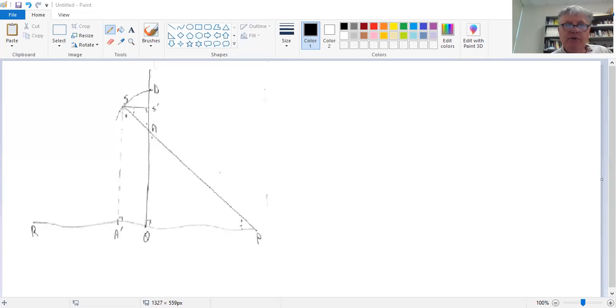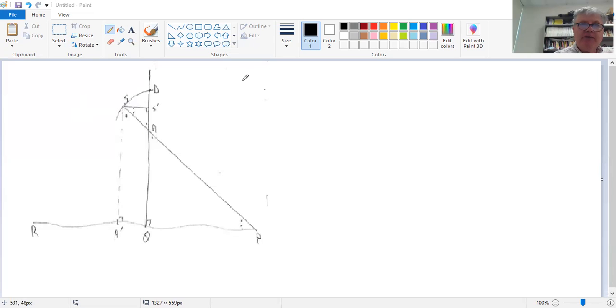Okay, here's the second book problem. So we've got this construction for a parabola. Let's just take the point S that's supposedly on our parabola. We've got to find things in terms of the parabola.